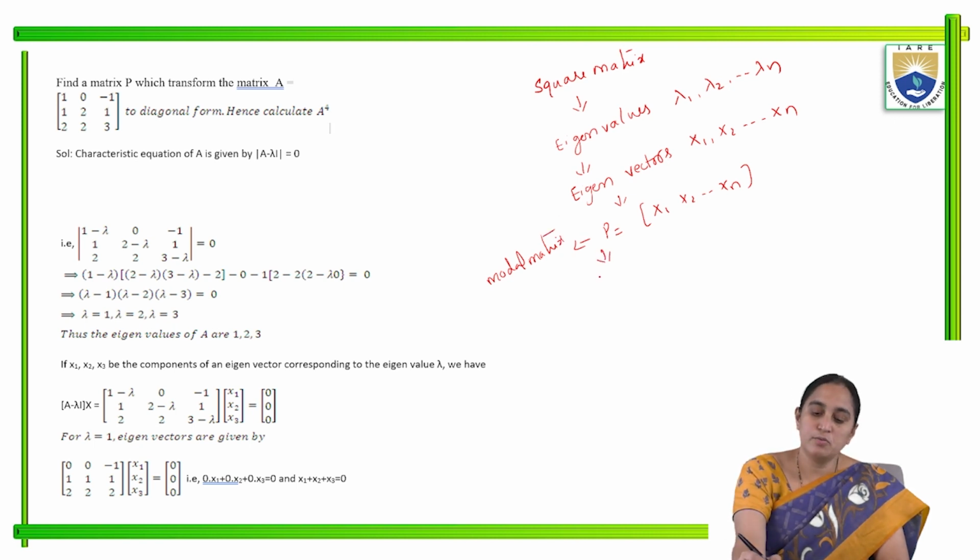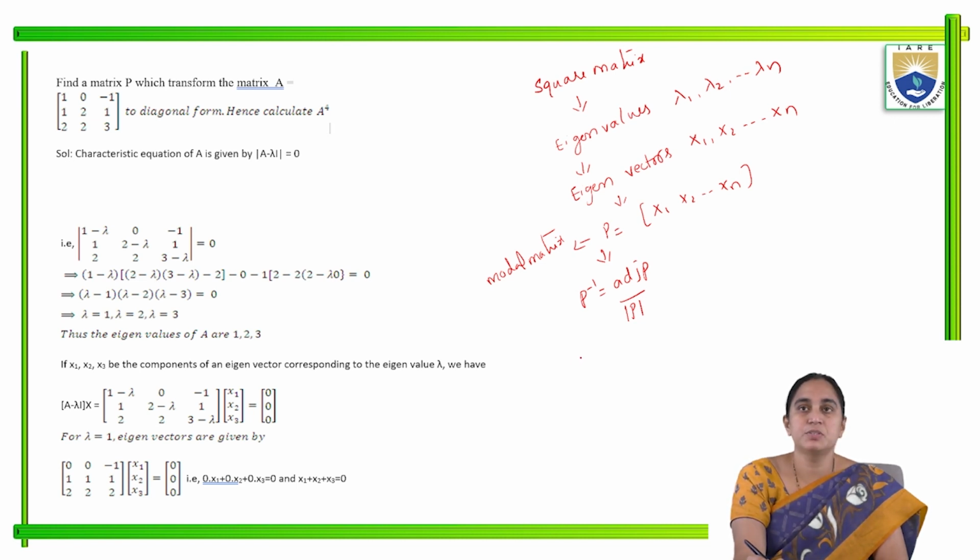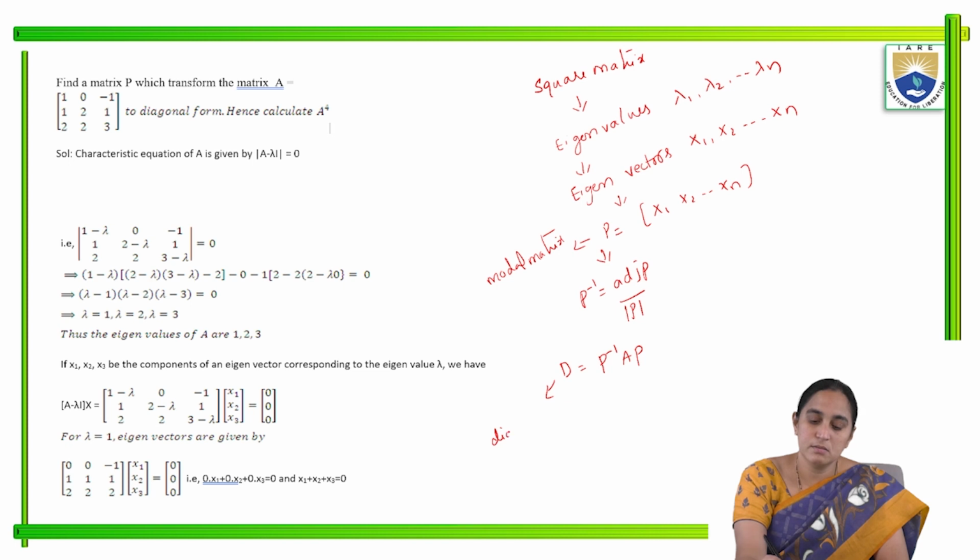For that P, we have to find the inverse, that is P inverse is equal to adjoint P by det P. After getting that P inverse, we find D is equal to P inverse A P. This D is called the diagonal matrix or spectral matrix.